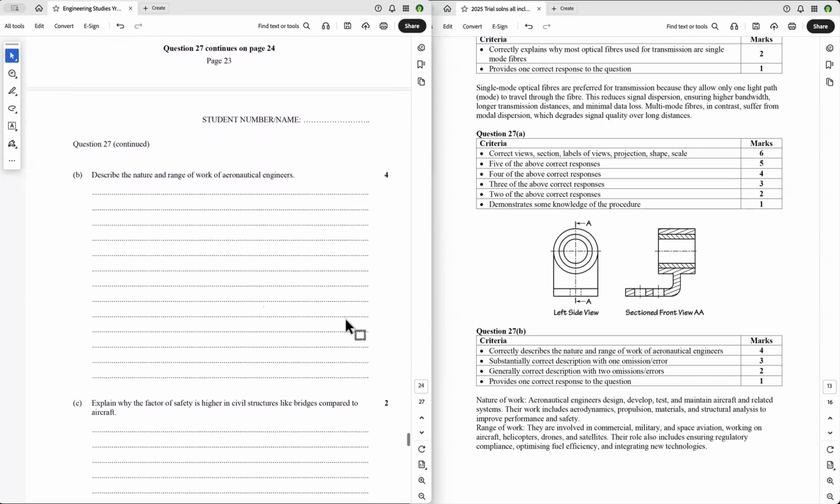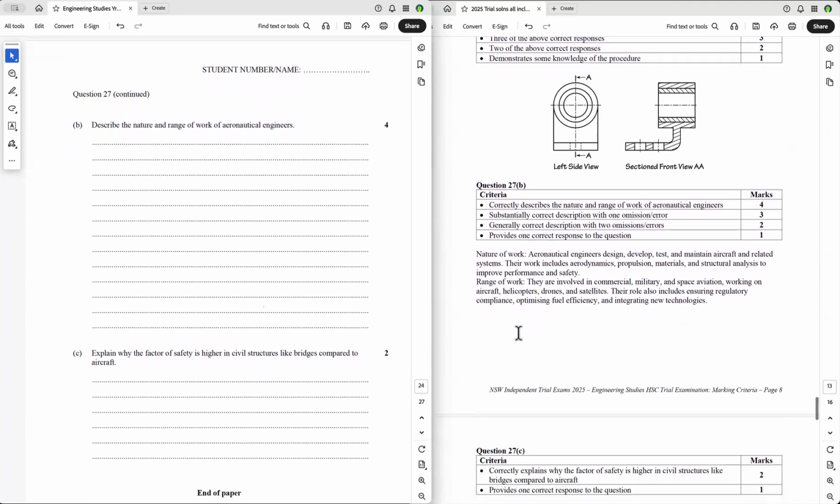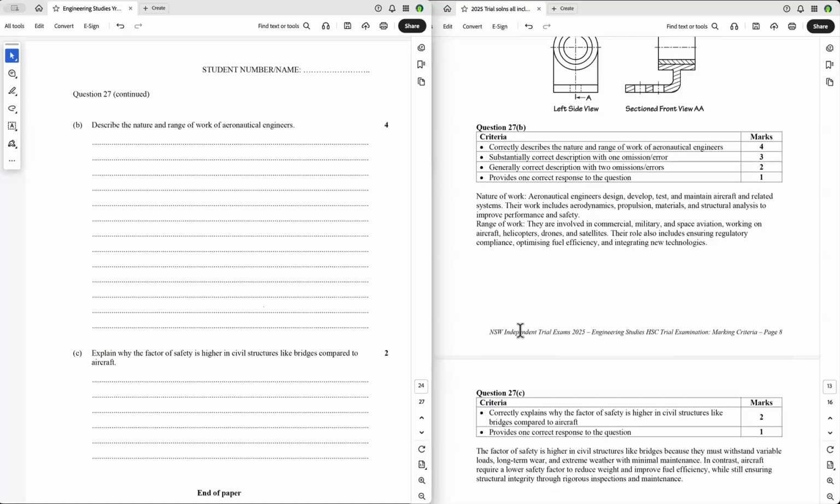Next question, describe the nature and range of work of aeronautical engineers. The nature of work is what the aeronautical engineers are engaged in. It's like designing, developing, testing, and working out aerodynamics, propulsion systems, and using structural analysis to work out the structure of the frame.